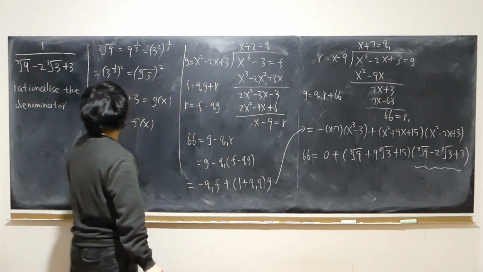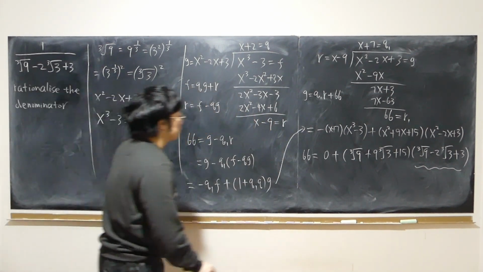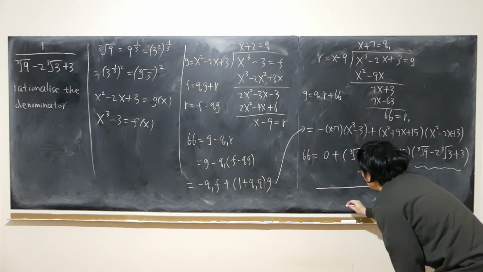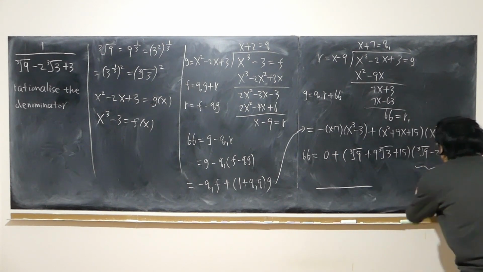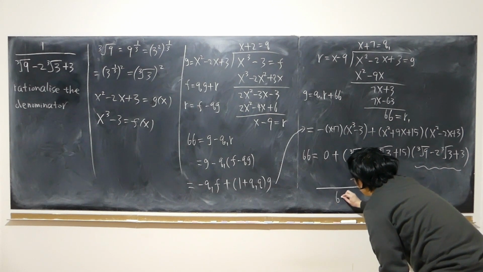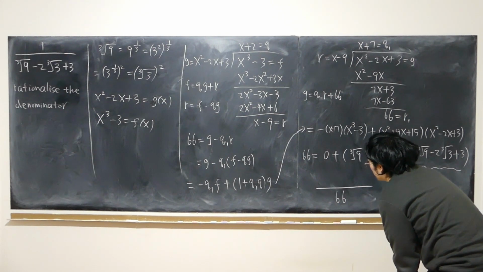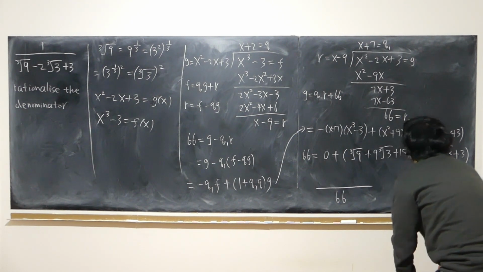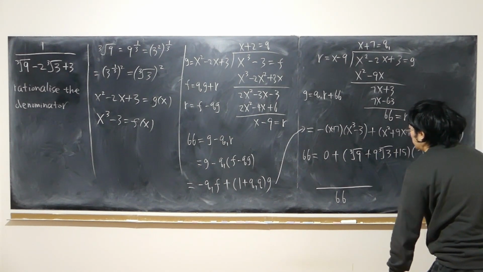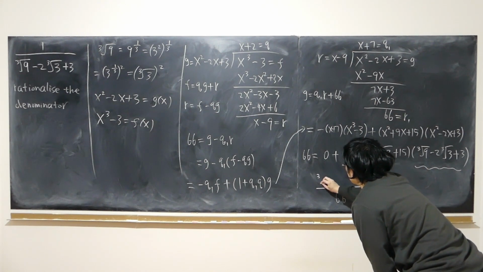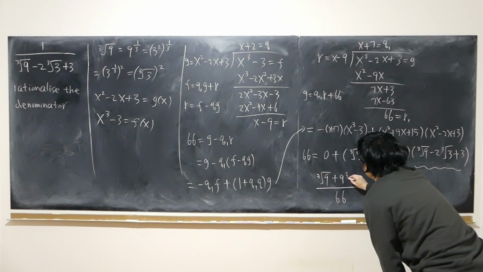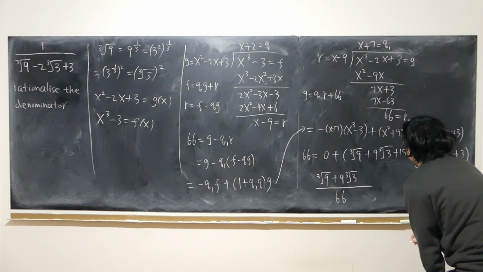Which means my original fraction can be written, after I multiply the denominator by this, it will turn into this. So I have 66 on the bottom. On the top, like I said, multiply by the same thing, that is this number: the third root of 9 plus 9 times the third root of 3 plus 15.